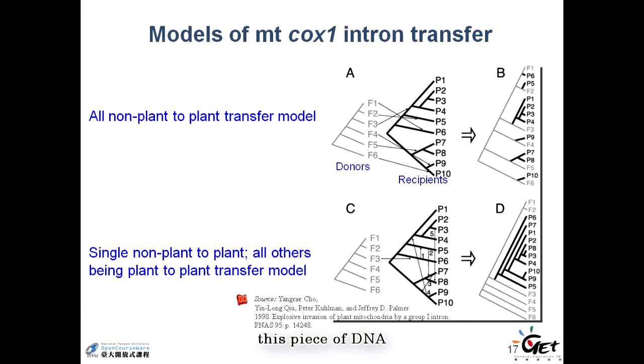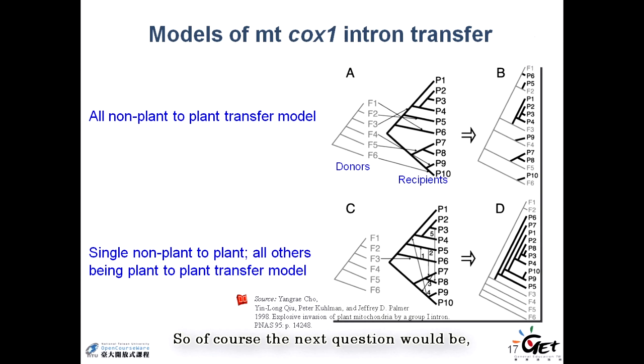This piece of DNA was carried around by several different things, attacking something here, something there, and it's very easy to transmit it here and there. And then we can find a very special case like this one.